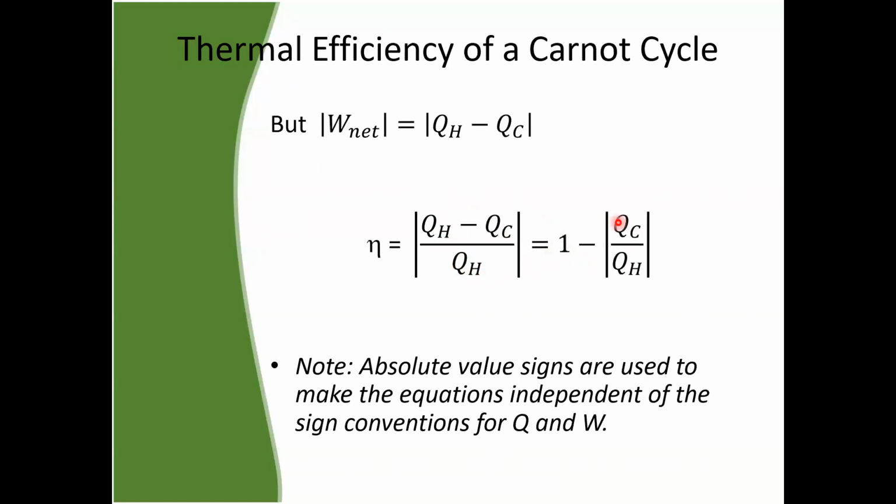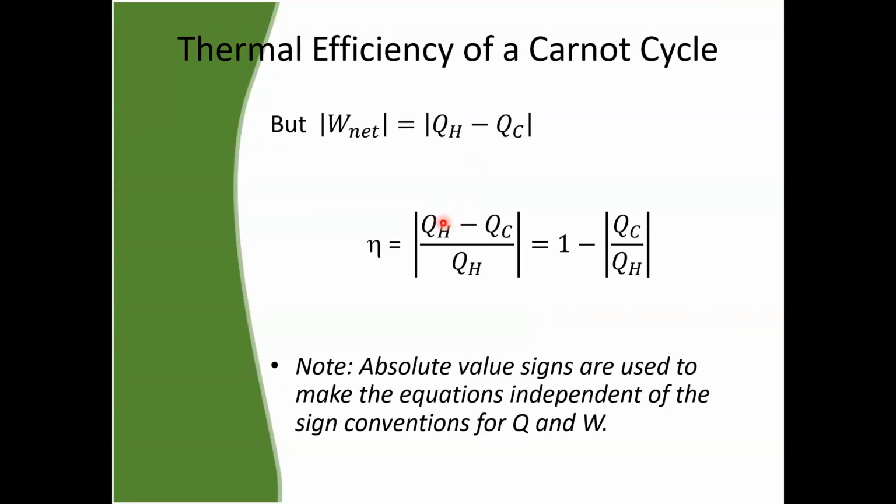So it can also be expressed this way. And we use the absolute value signs to make the equations independent of the sign conventions. And this is what we call the efficiency of a Carnot cycle, which is the ideal cycle. It's the maximum efficiency that we can approach but never reach.